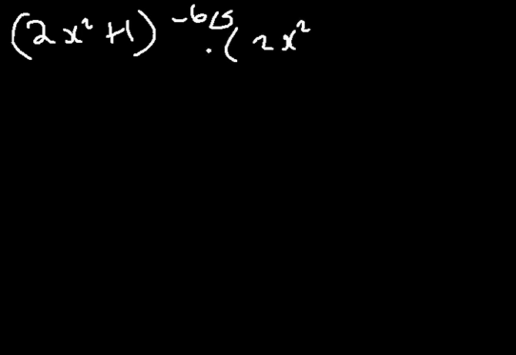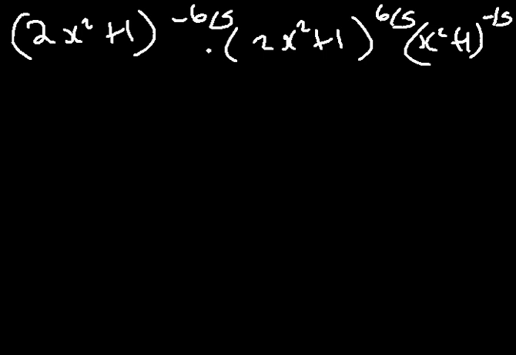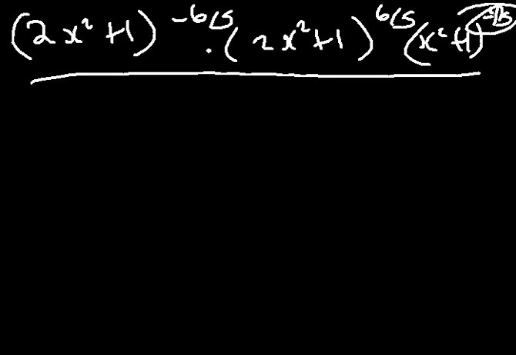Let's say we have (2x squared plus 1) to the power negative 6 over 5, times (2x squared plus 1) to the power 6 over 5, times (x squared plus 1) to the power negative 1 over 5, divided by (x squared plus 1) to the power 9 over 6.